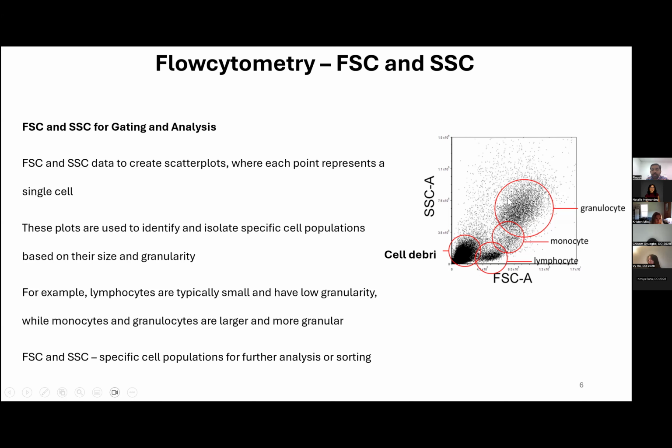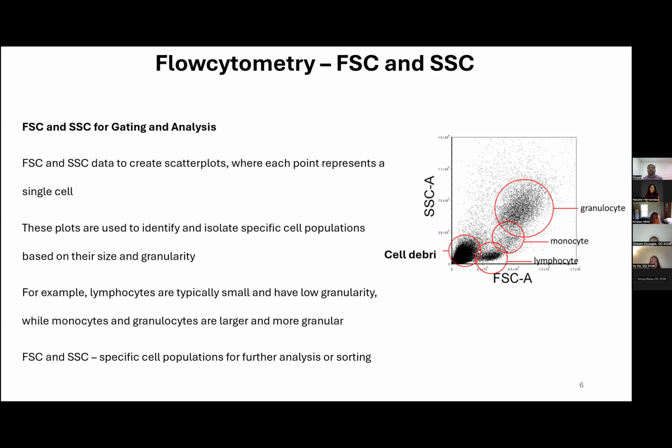So based on this forward scattering and side scattering, we can identify and sort different cell populations. Lymphocytes are very small, so they will appear initially in the forward scatter, whereas granulocytes and other WBCs like monocytes are bigger in size compared to lymphocytes, and will appear more towards the granular side.